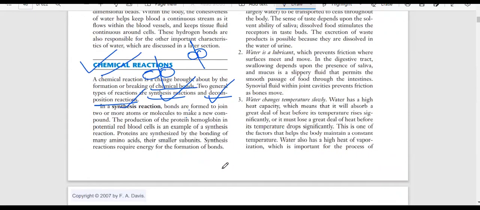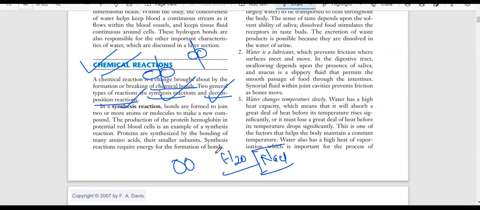So here, rather than two elements coming together, molecules are coming together. H2O is a molecule, and NaCl, sodium chloride, is a molecule, like water.